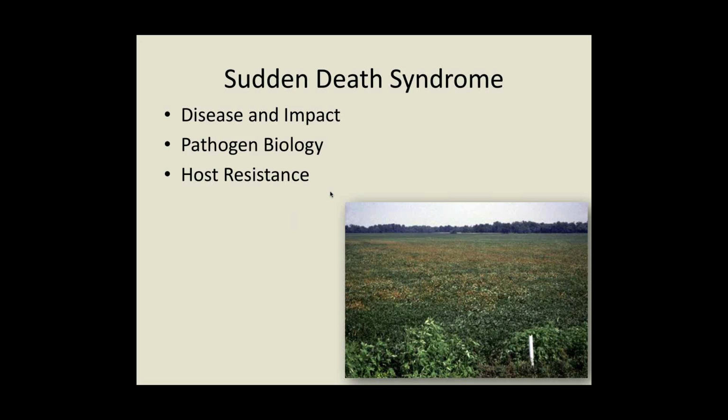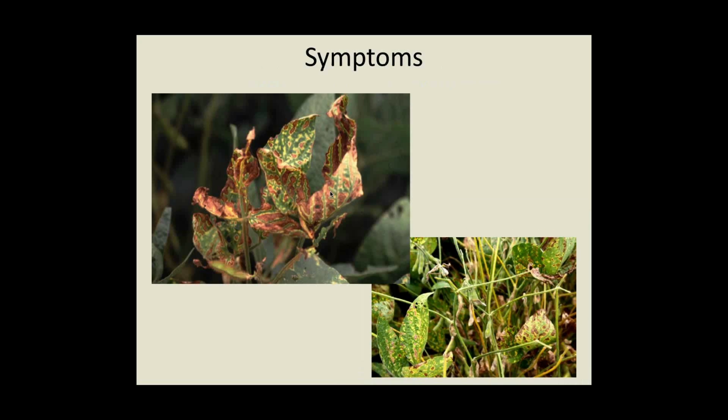So there's perceived to be some parasitism even of the nematode, not enough to actually be used to help us manage the problem, but there are some really interesting interrelationships between these two pathogens with one another and then also the host, the soybean plant that they attack.